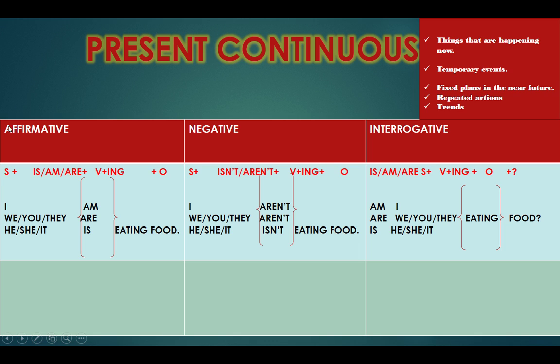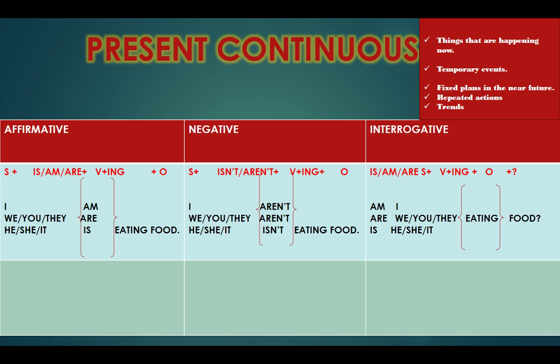All right, without further delay, let's move on. Again, we have three kinds of sentences here: affirmative, negative, and interrogative. The formula is subject plus is/am/are plus verb-ing. We use ing with the base form of the verb, not any other.